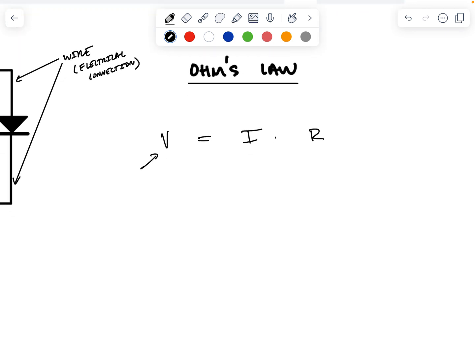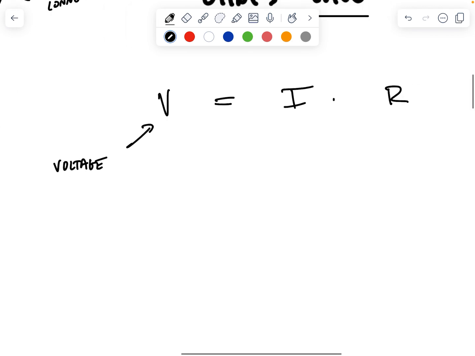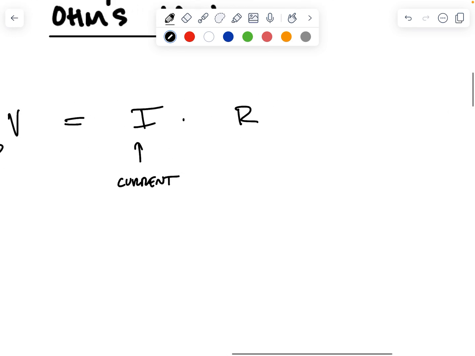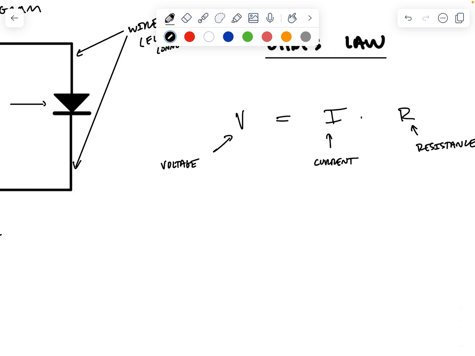So let's write this out. The V is equal to the voltage. I is equal to the current. And R is equal to the resistance. Okay, let's start with V, the voltage. The voltage is the electrical push of the system.